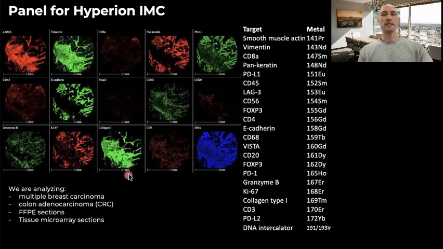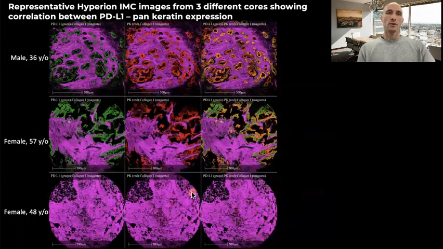Each of the markers has been assigned a red or green pseudo color, and DNA is shown here as blue pseudo color. What I'm showing here is just how different the interpatient results might be.